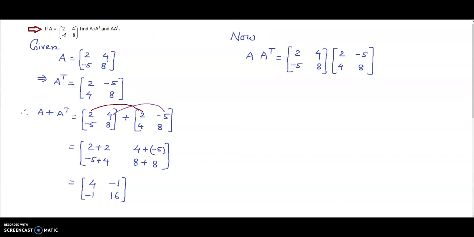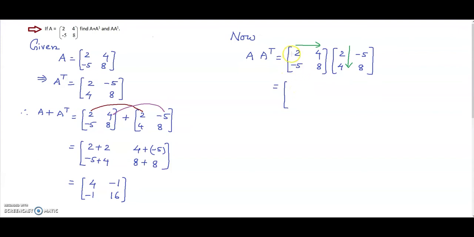Multiplication is purely done on the basis of row into column. First row we multiply with first column, then first row we multiply with second column. So first element of first row with first element of first column.